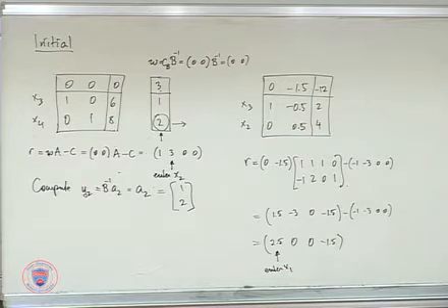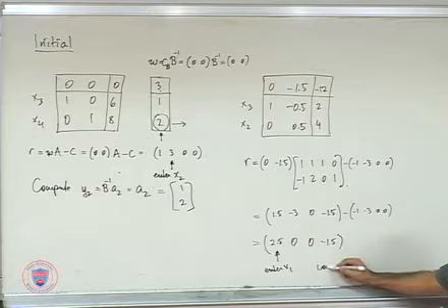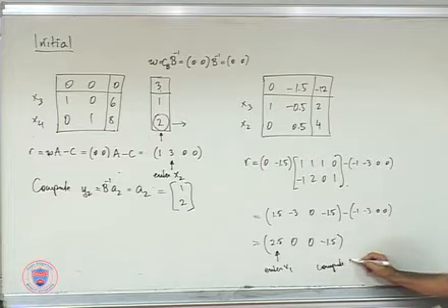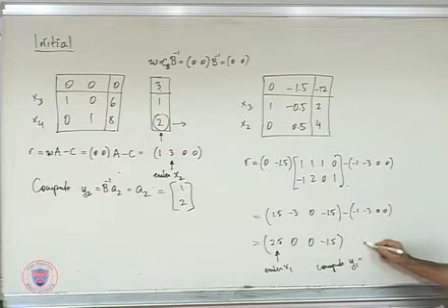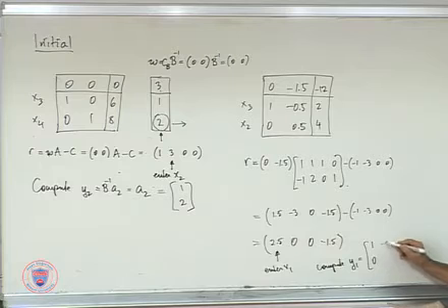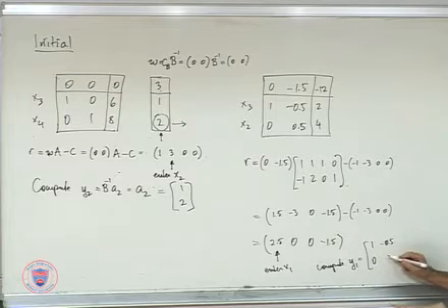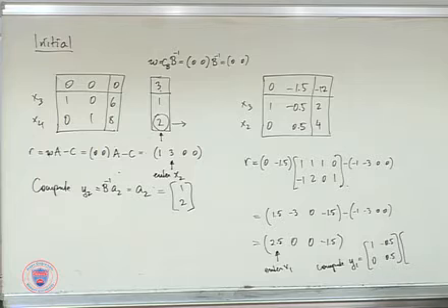That's what it says. Compute y1, which happens to be inverse 1, 0, minus 1, minus 0.5, 0.5 times A1 column, which is 1, minus 1.